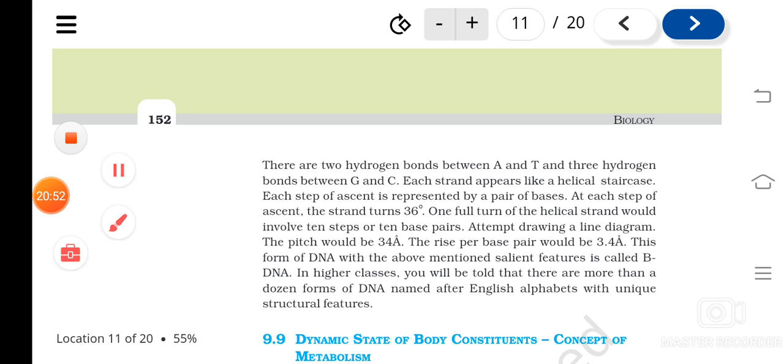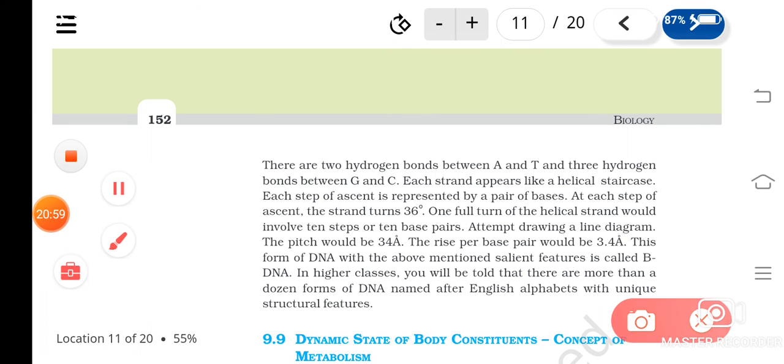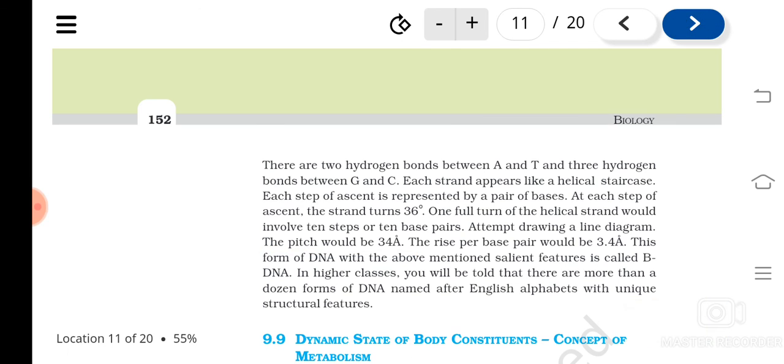So the pitch would be 34 angstrom, the distance between two adjacent turns. Then the rise per base will be 3.4 angstrom, and this form of DNA with these characters is known as B-DNA.